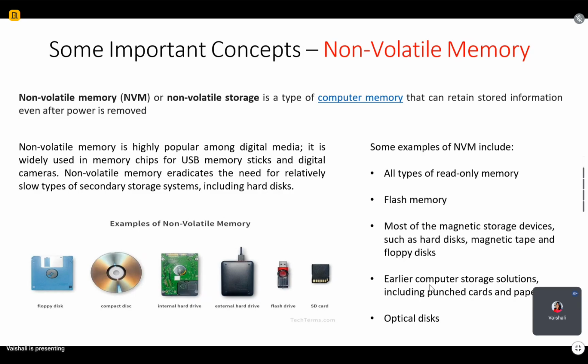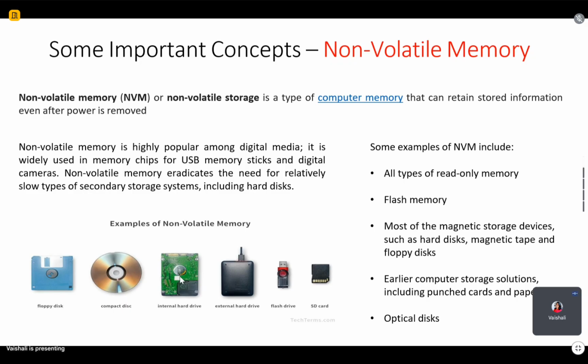So, as I said earlier, the non-volatile memory is very important for checking when the data is stored and how it behaves. Volatile and non-volatile memories both behave differently. Now, volatile is RAM and non-volatile is ROM. So which are the examples? We have the floppy disk, compact disc, hard disk, external hard disk, your USBs, your SD cards.